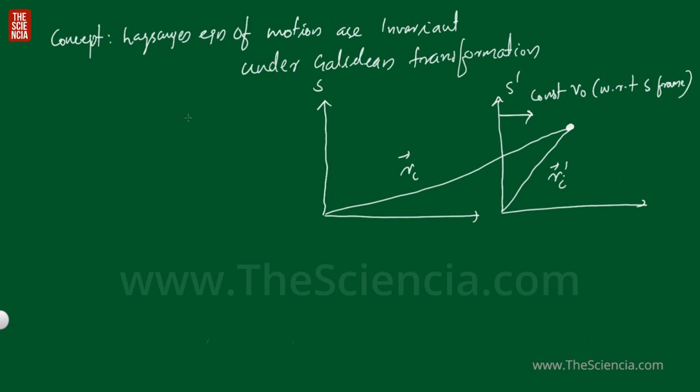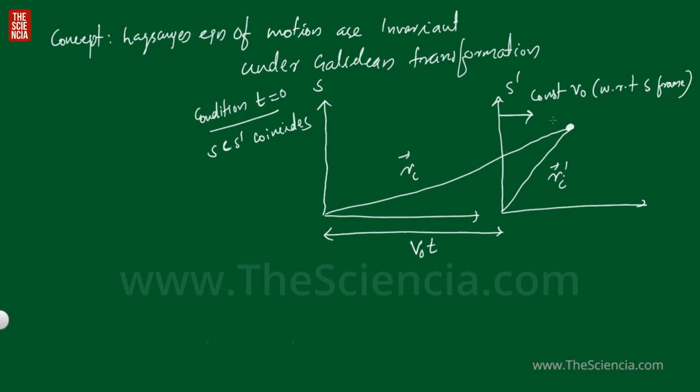And I am taking a condition that at time t equal to 0, S and S prime coincide. So I can find this distance, that will be equal to v0 t, because that is the velocity of this S dash frame and t is the time taken by it. So the distance traveled by it will be v0 t.